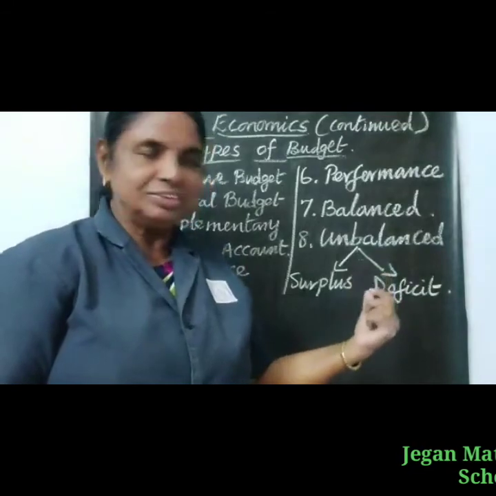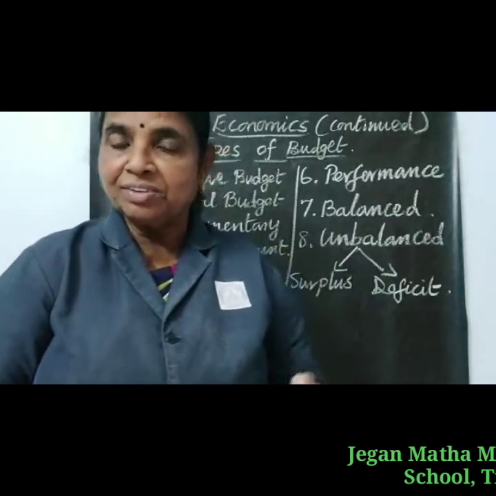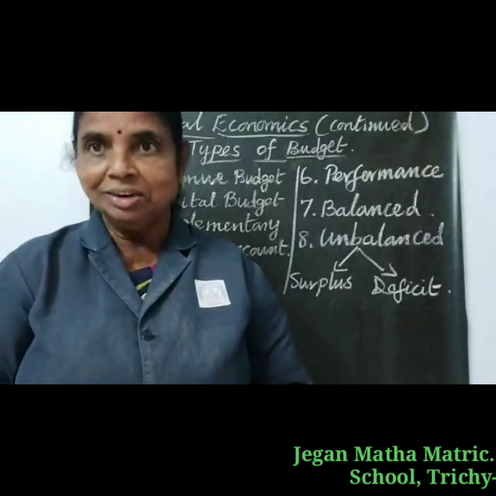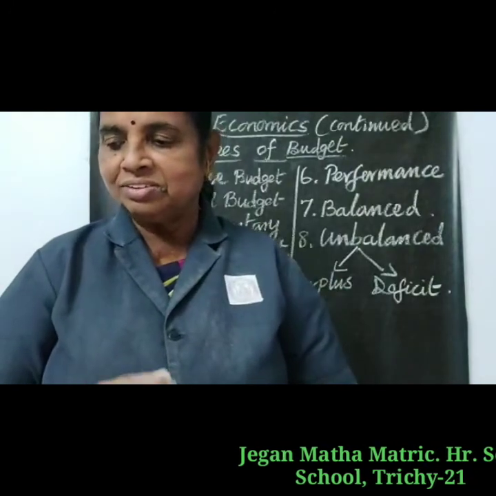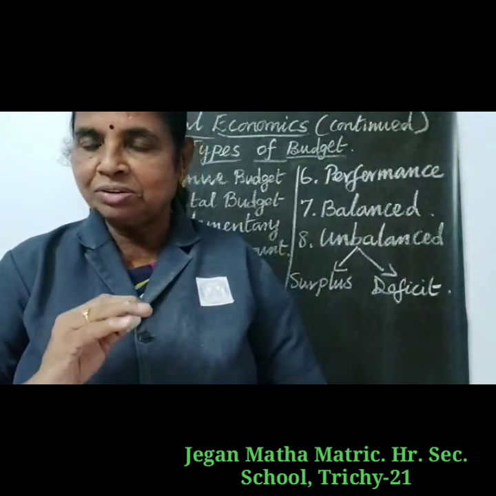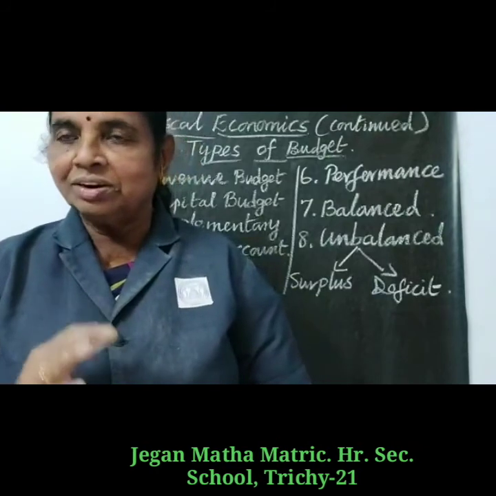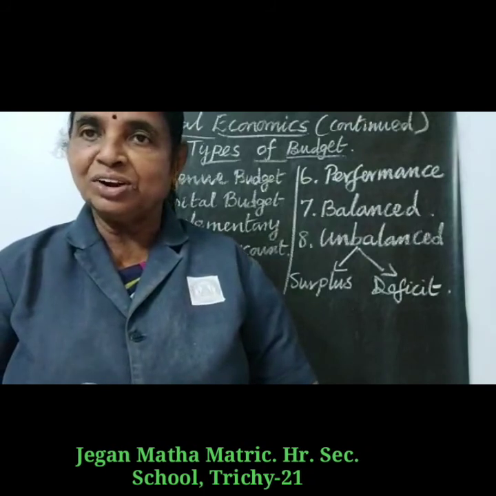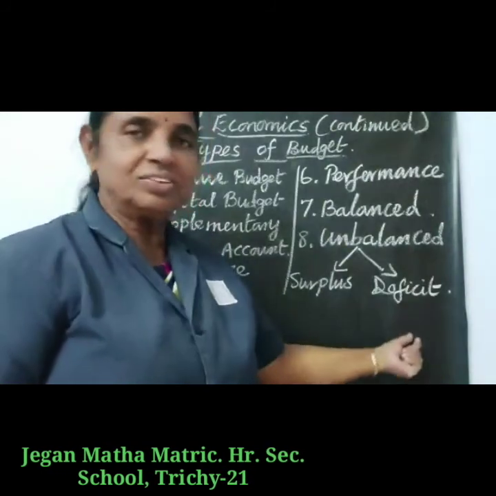And deficit budget is where the estimated government expenditures are higher than the expected revenue. So the expected revenue being less than the estimated expenditure of the government is known as deficit.